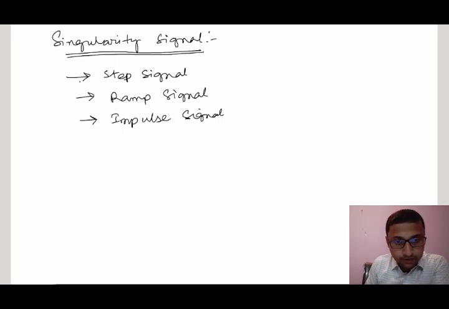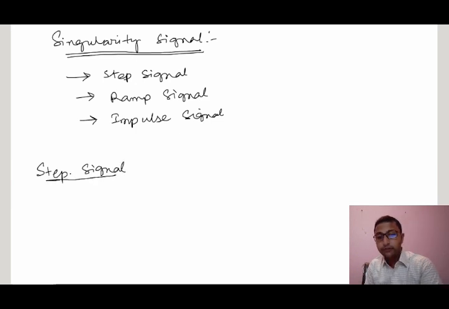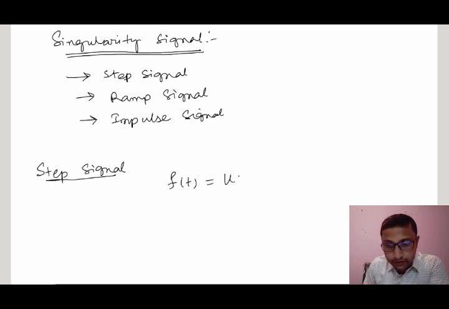I will go for the step signal. Look very carefully. Suppose f(t) is a step signal, f(t) is equal to u(t), that is equal to 1 when t is greater than 0 and equal to 0 for t less than 0.